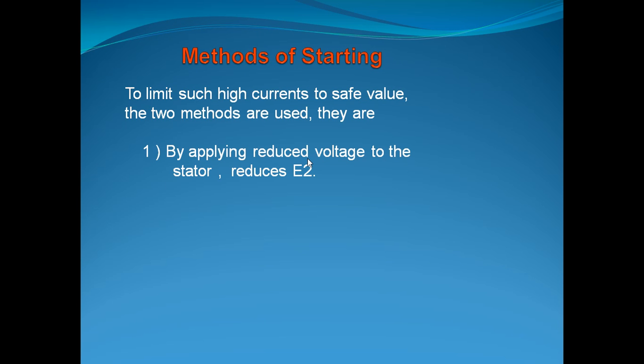So what are the methods of starting? To limit this high starting current to a safe value, two methods are used. One is by reducing the voltage to the stator, or by adding external resistance in the rotor circuit at starting.